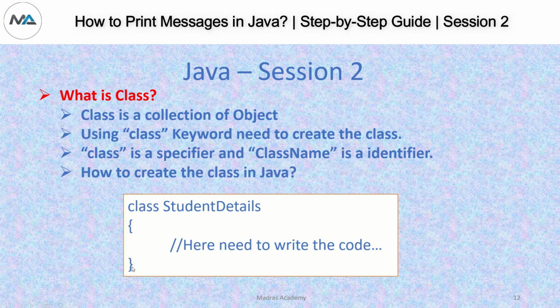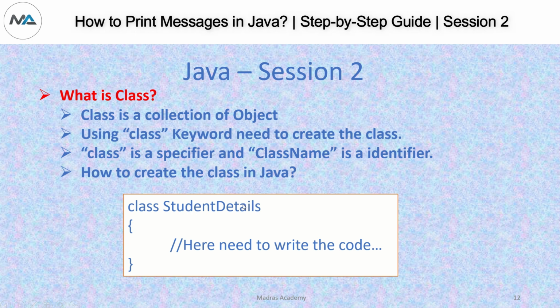Like this we need to create the class, and inside that class we need to write the code. You can write any code inside that class. Without this class syntax we are not supposed to write any code. Even a single variable you are going to declare, everything we need to declare inside the class only. This class name is an identifier, like I told you.